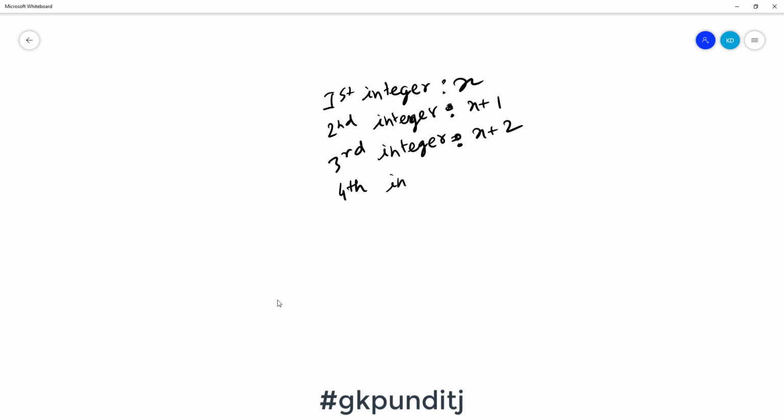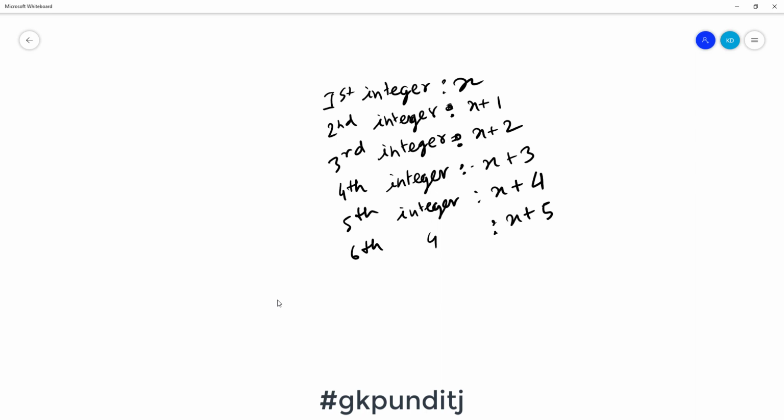The fourth integer is x plus 3. The fifth integer is x plus 4, and the sixth integer is x plus 5.